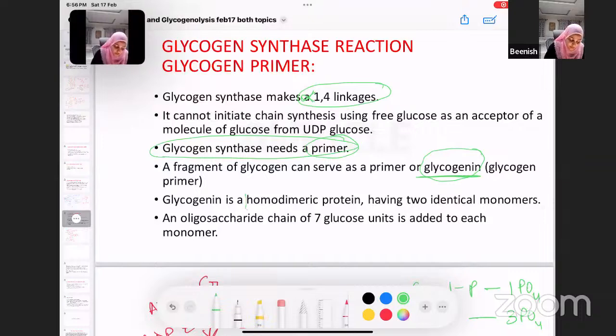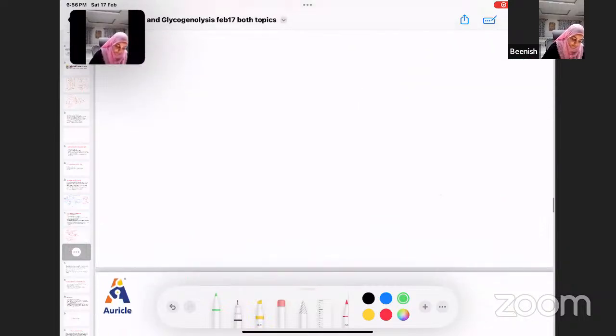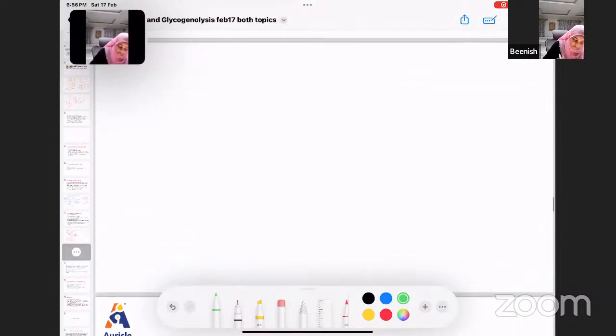Now, what is glycogenin? Glycogenin is a homodimeric protein. So it is a polypeptide. Your glycogenin is a protein and it has 2 identical monomers. An oligosaccharide chain of 7 glucose units is added to each monomer. So your glycogenin is something like this: 2 identical monomers form glycogenin, and this glycogenin is going to serve as a primer for the synthesis of glycogen.